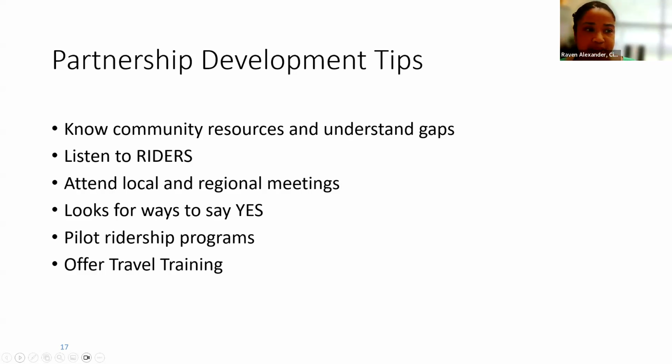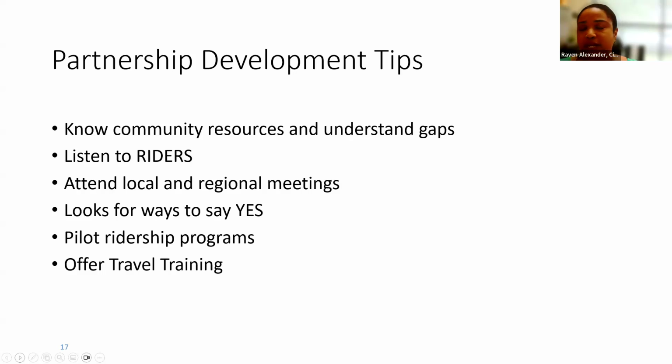A way of doing that is, of course, listening to the riders, whether through surveys or our active social media page. We just recently did a study which involved a lot of community engagement. Sometimes it's just having boots on the ground, being out in the community, having one-on-one conversations, so that it's easier for me to understand what needs are to be met within that community.